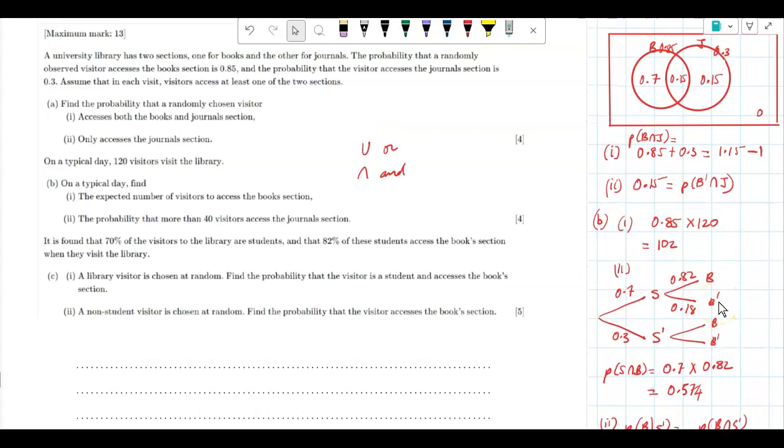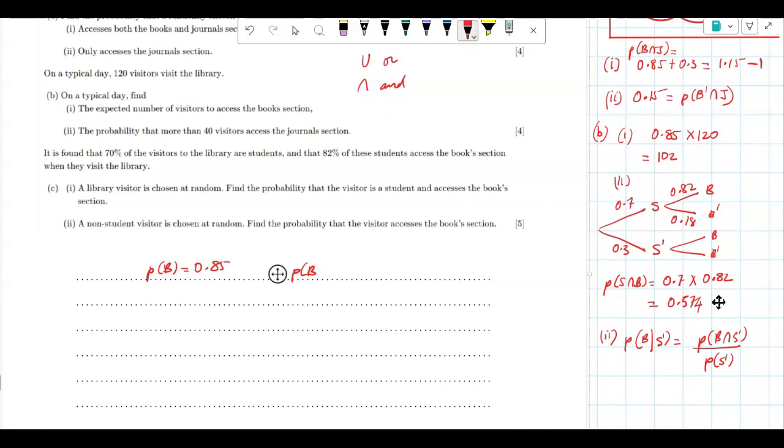Now this first part is applicable for everything. So the probability that a visitor accesses the book section is how much? Look on top. So probability of book section is 0.85. The probability of student and book section is what? 0.574.